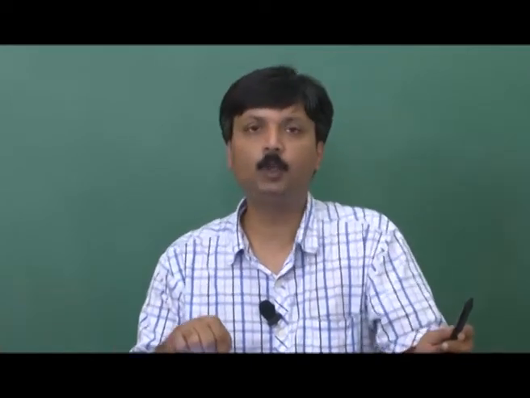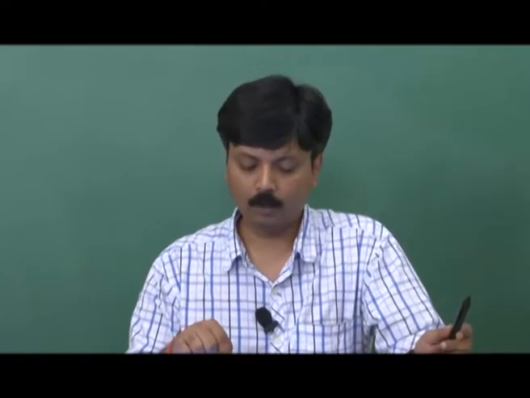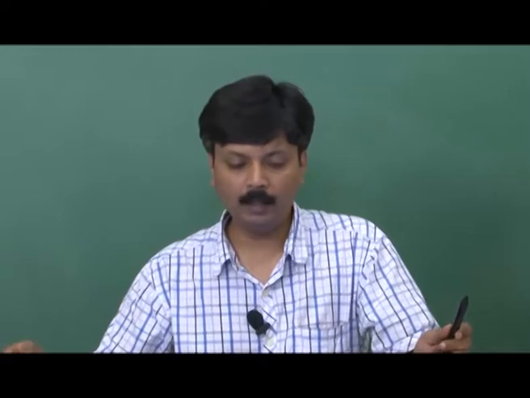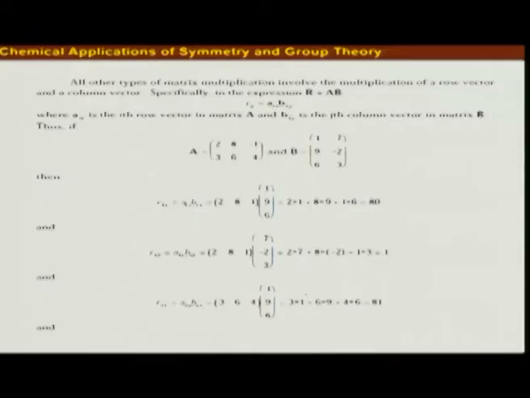This has been shown with a column vector and a row vector, but it is applicable to matrices as a whole. All the other types of matrix multiplication involve the multiplication of a row vector and a column vector.